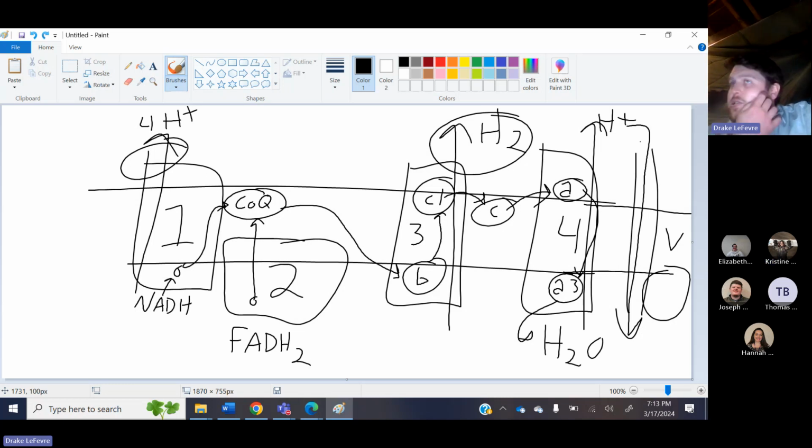It goes through an intramembrane channel. It's a channel protein that connects two different spaces through the membrane. As this all pumps through, we're turning chemical gradient energy into mechanical energy. And what do we do with that mechanical energy?